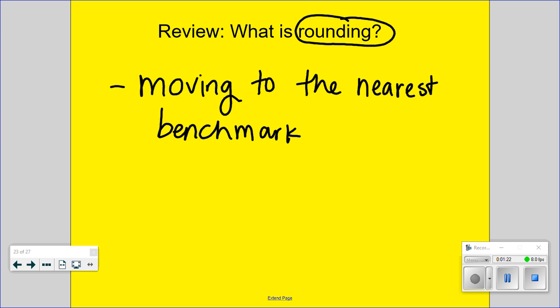Now Bailey used a fantastic vocabulary word, benchmark, or benchmark number. What is a benchmark number? Because Bailey's totally right, it is moving to that benchmark number, but what if I don't know what a benchmark number even is? Is any number a benchmark number?